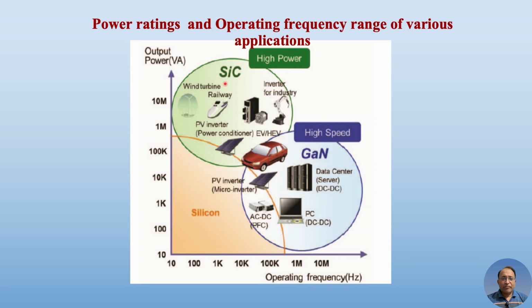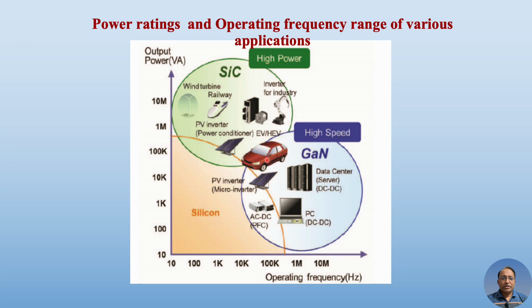Then we observe somewhere in between these two ranges, we are shown here a symbol of a vehicle. So electric vehicle, the power requirement for this is medium power. So what does it mean? Medium power means maybe a few 100 kilowatt, or maybe 10 kilowatt to 100 kilowatt range as per the size of the vehicle.